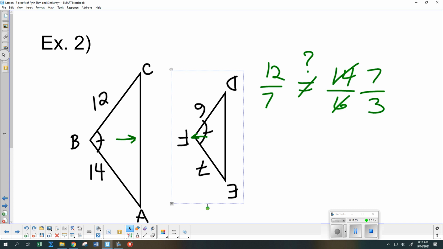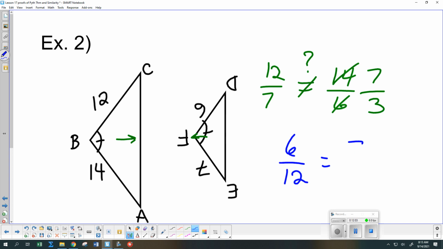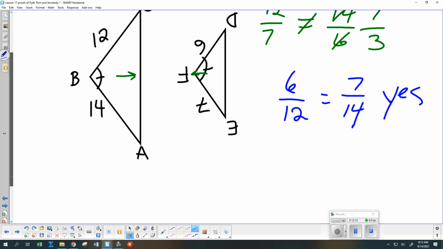So you have to think about the other possibilities. And is it true that 6 over 12 is 7 over 14? So yes, but now we have to write the similarity statement because we don't already have it.